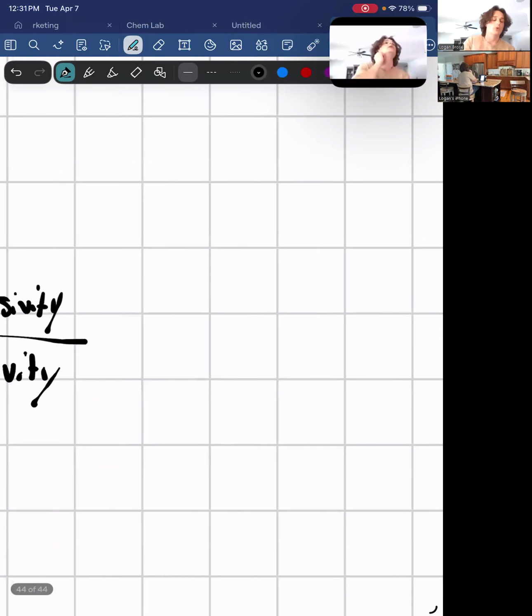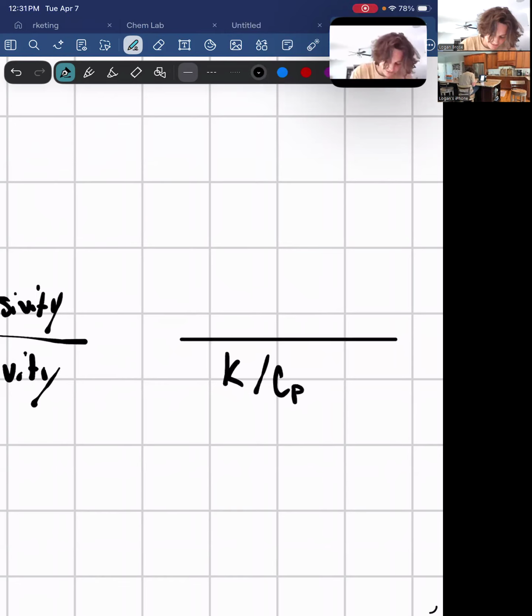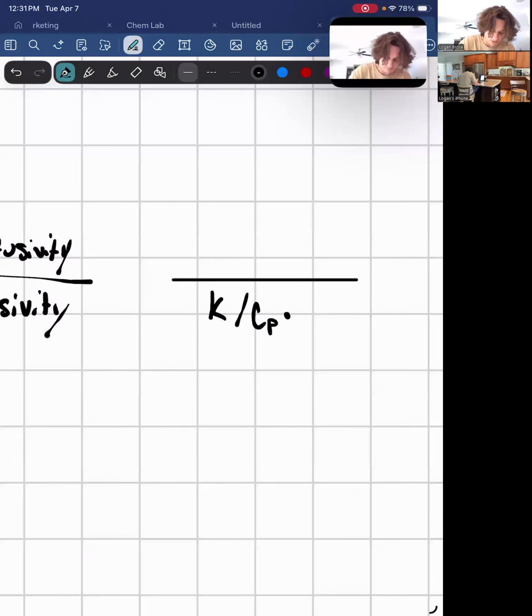Our thermal diffusivity, we have done this in our other videos, is going to be our K over Cp times our rho.